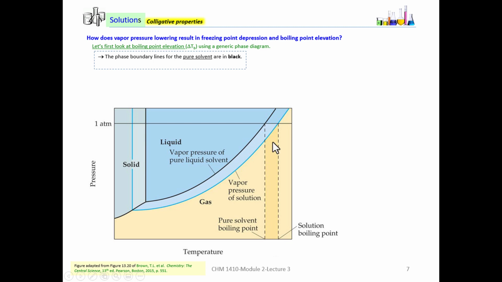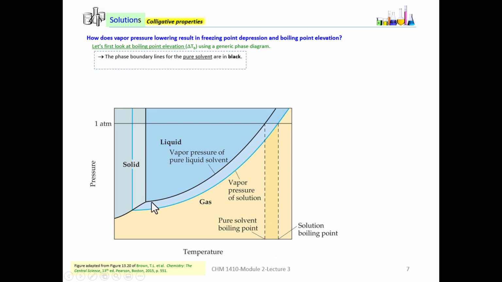Now keep in mind here that the liquid-gas phase boundary line basically shows the vapor pressure of the pure liquid solvent increasing with temperature.